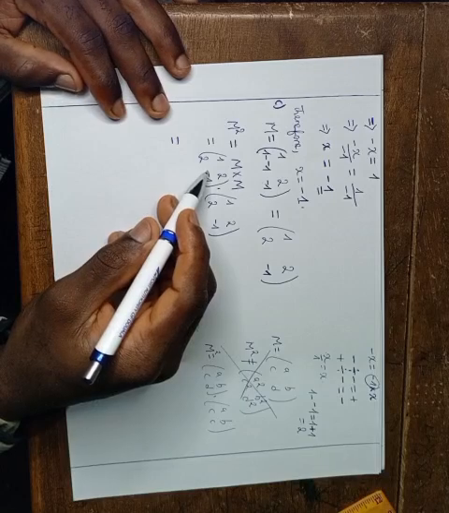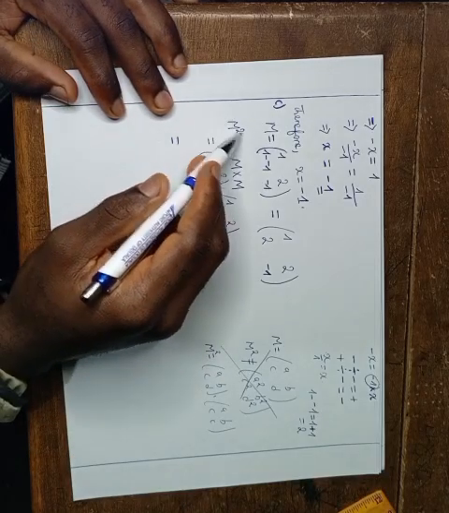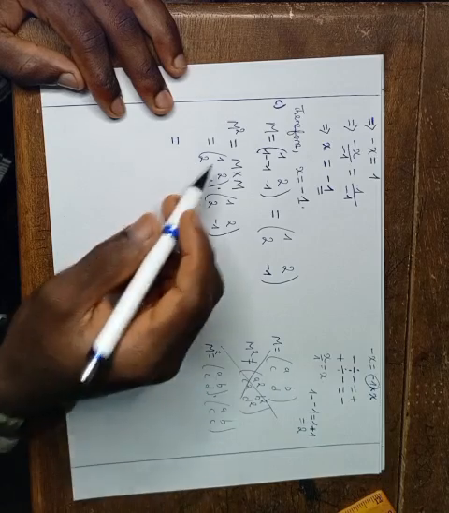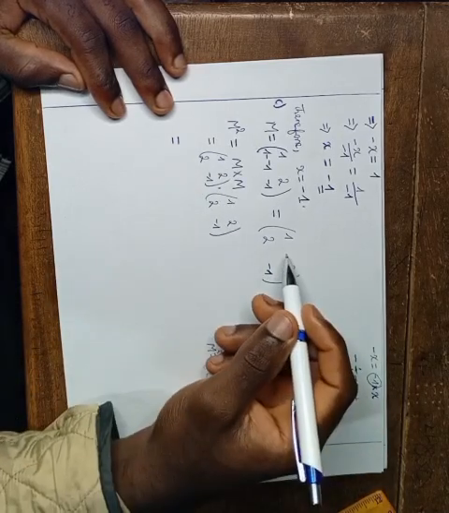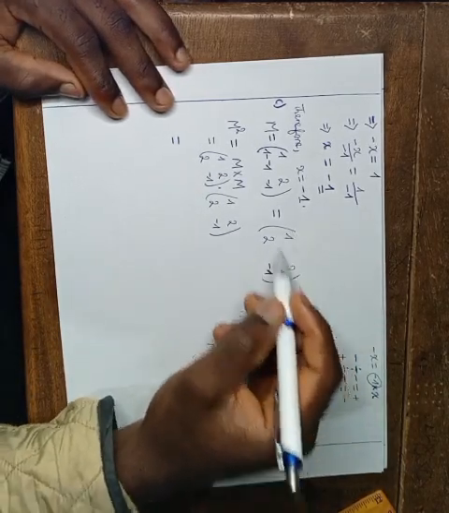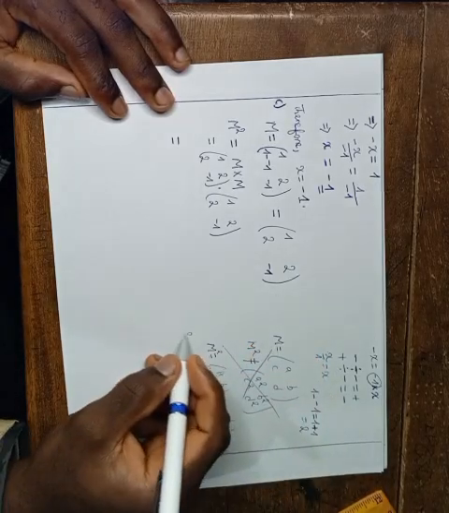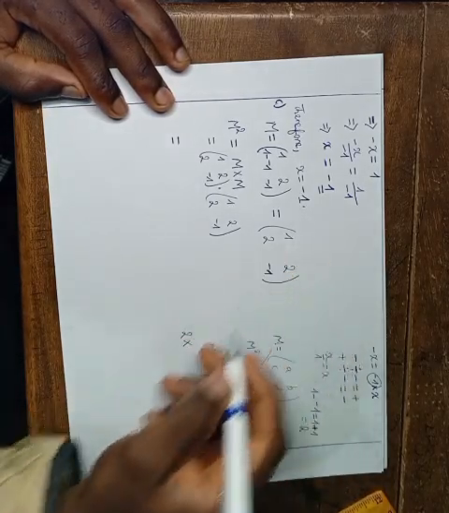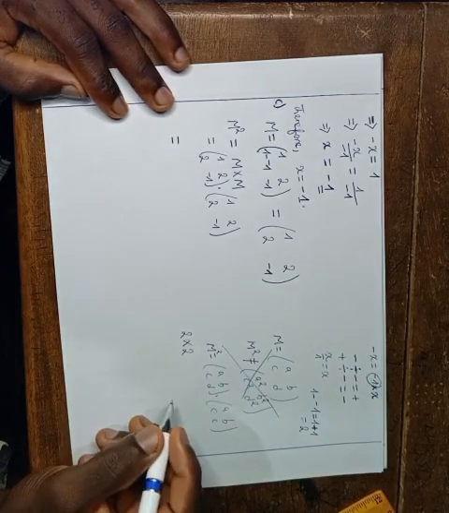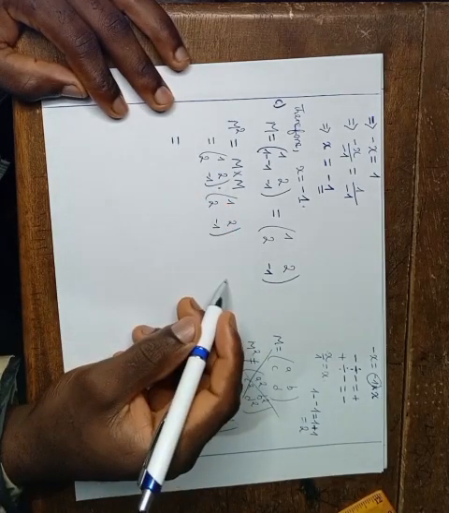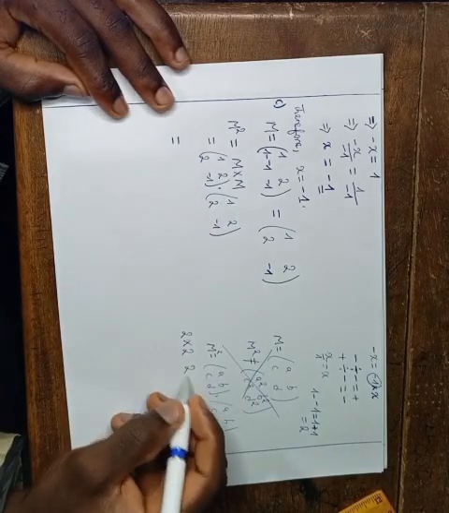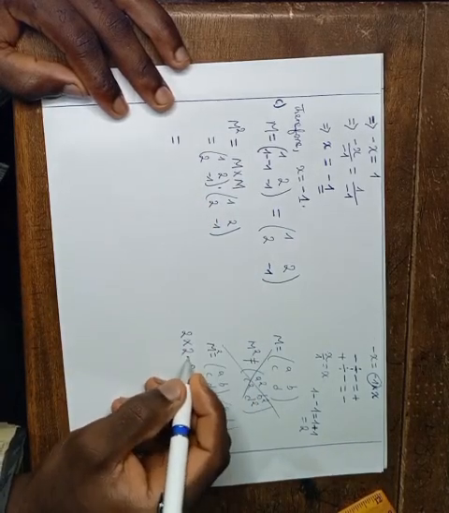First, we need to know the order of the resulting matrix, the matrix M squared. We know the matrix M has two rows by two columns, so it is a 2 by 2 matrix. We have to multiply a 2 by 2 matrix by a 2 by 2 matrix.